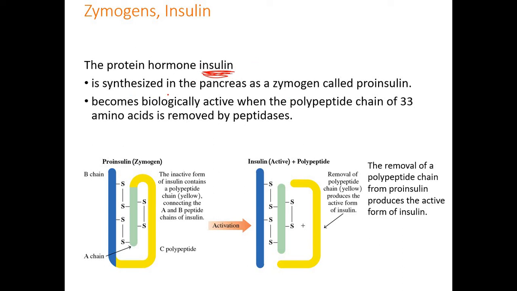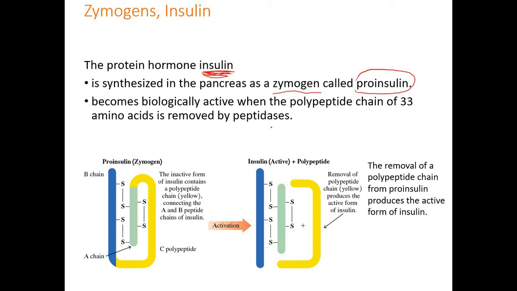It's synthesized in the pancreas once the blood glucose level is very high. The pancreas secretes insulin. Actually, what the pancreas secretes is a zymogen. It's a zymogen and it's specifically called proinsulin.